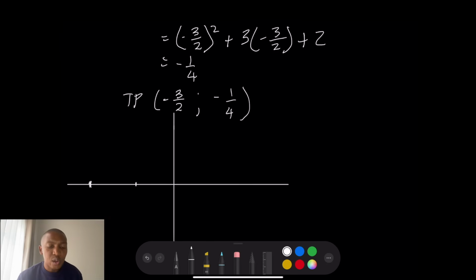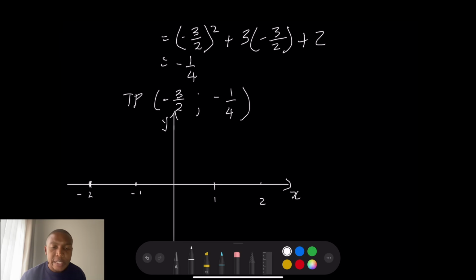I know that's not very accurate. So this is -1 over there, that's going to be -2. And of course, you'll have 1 and 2 on the other side. So this is our x-axis, as well as our y-axis.